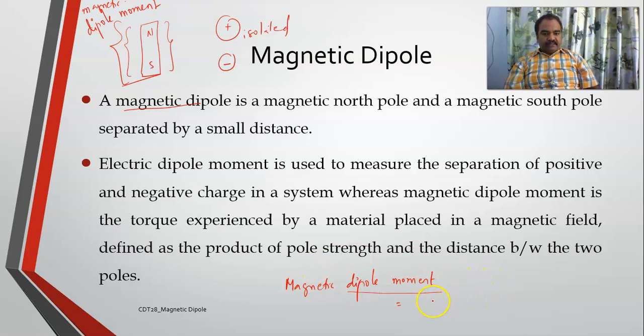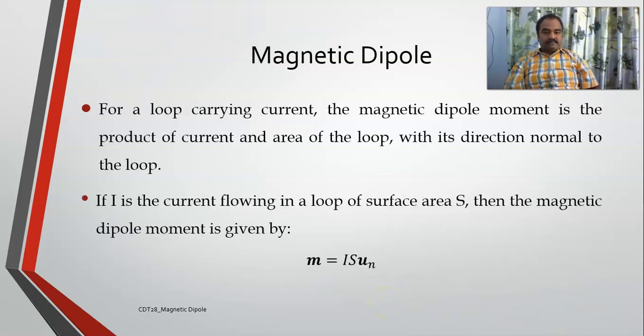We write it as the pole strength times the length of the magnet. The length of the magnet is the separation between the poles. So this is the way we determine the magnetic dipole moment.